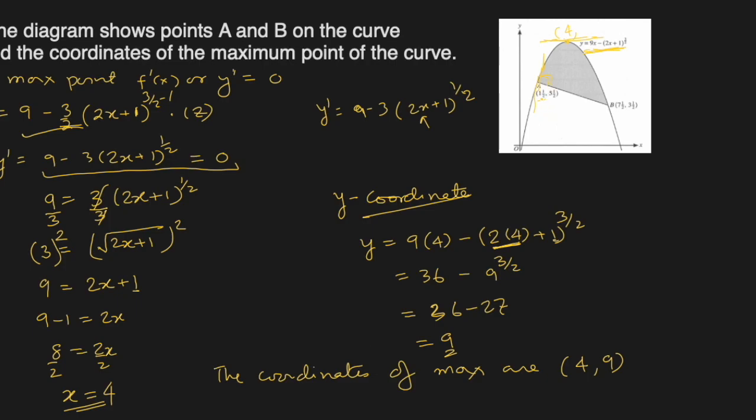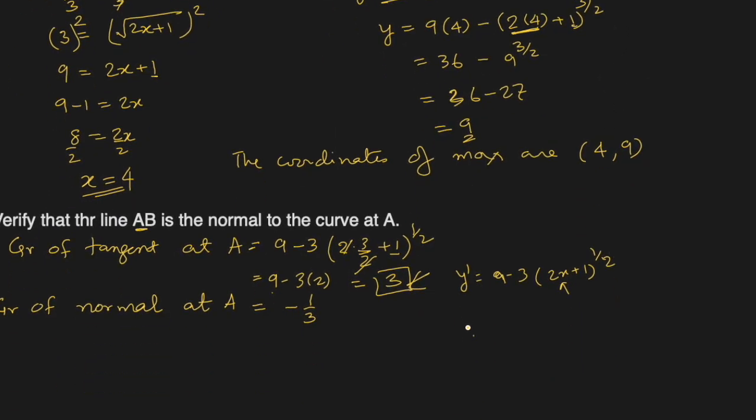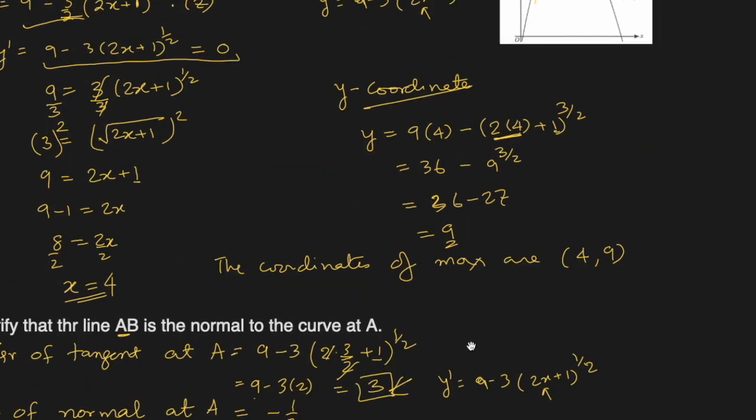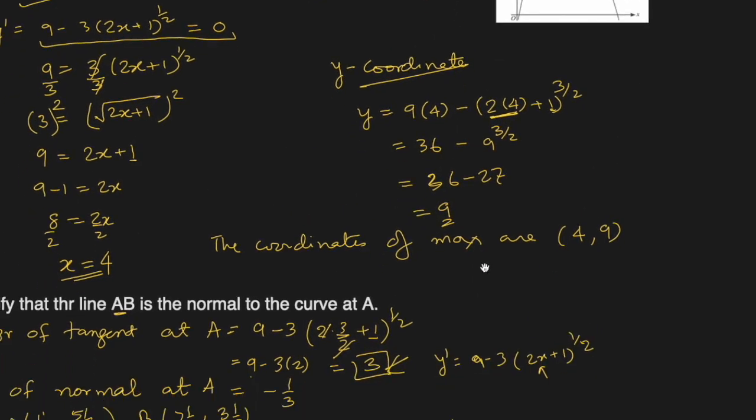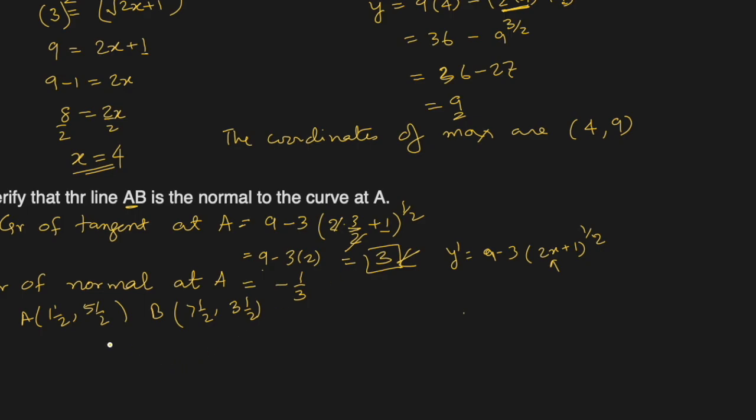So we have these 2 points here, 1.5, 5.5 and 7.5, 3.5. Let me write here. The 2 points are A (1.5, 5.5) and B is (7.5, 3.5). Let me verify once. Yes. So the gradient of AB.